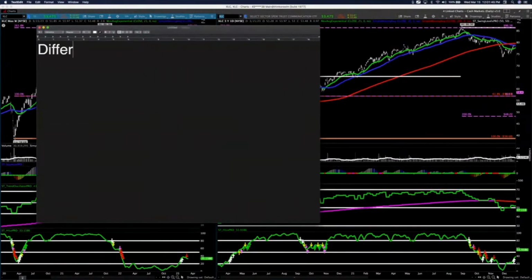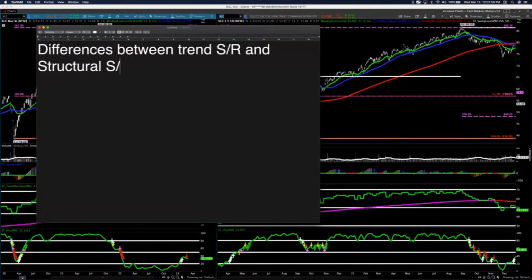So differences between support, let's be more specific, trend SR and structural SR. So trend SR. Anyone in the live room care to take a stab at what you're looking for in trend support and resistance?